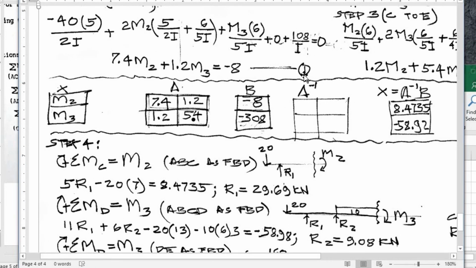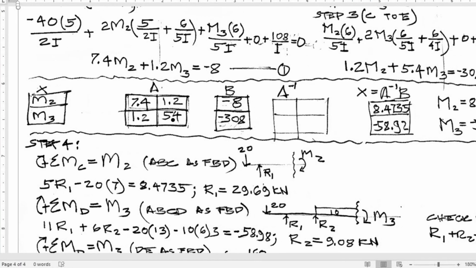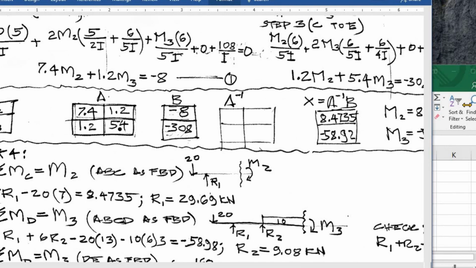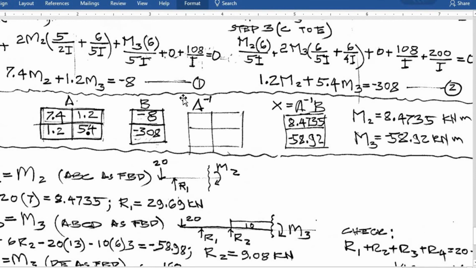For equation 1, the coefficients are 7.4 tsaka 1.2. And then for equation 2, you have this. Okay, yan. You have 1.2 tsaka 5.4. Yan yung equation 2.